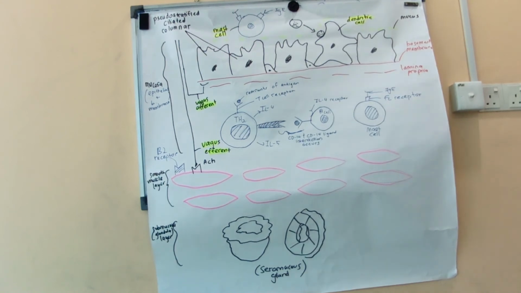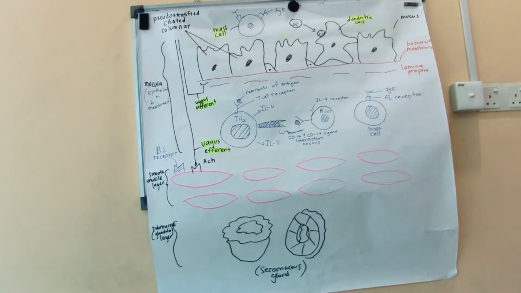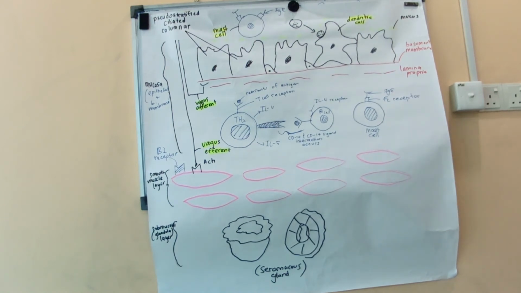I want to mention here that the mast cell is not specific to one kind of antigen or allergen. The reason is that they acquire IgE; they don't produce IgE. IgE is produced by the B cell, but the mast cell acquires it by binding onto the Fc receptor.